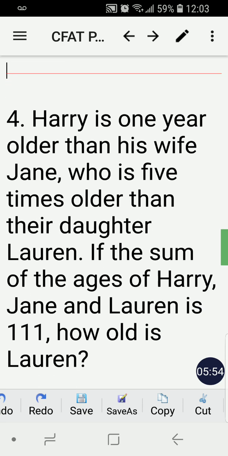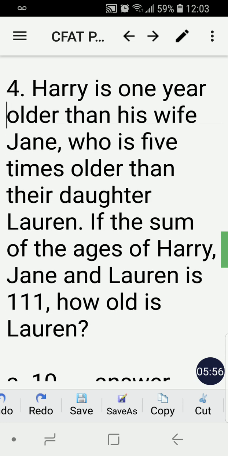Okay, number 4. Here we got an age problem that is so practical in our daily lives. Harry is 1 year older than his wife Jane, who is 5 times older than their daughter Lauren. If the sum of the ages of Harry, Jane, and Lauren is 111, how old is Lauren?